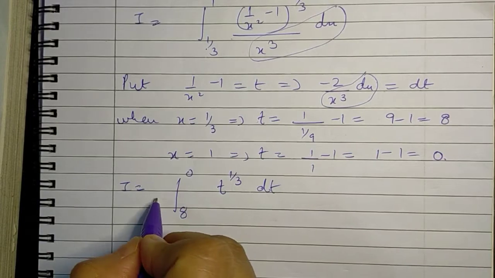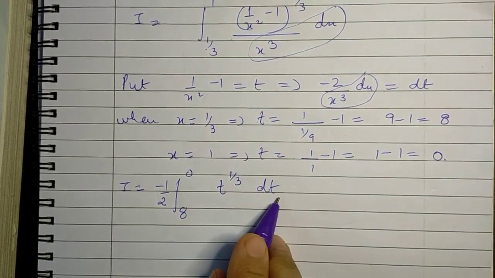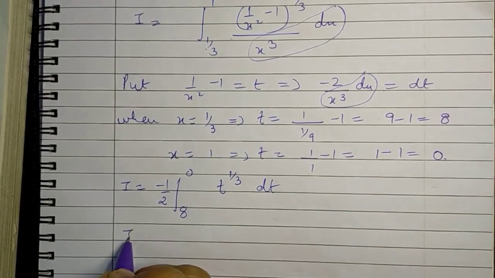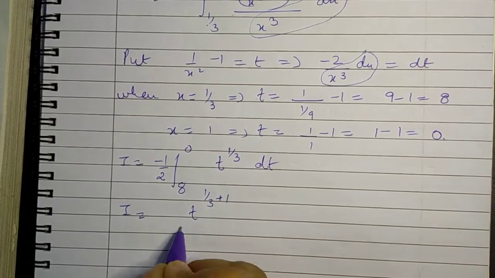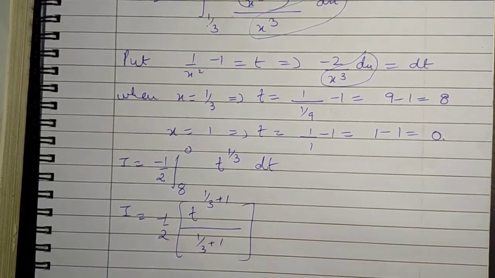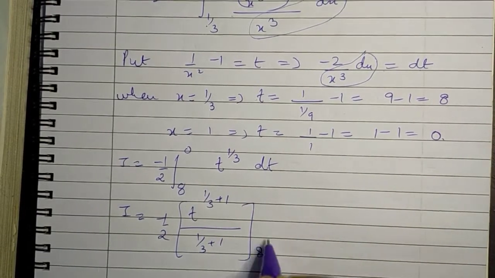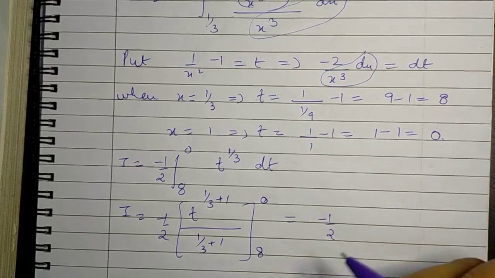So minus 1 upon 2 comes outside. And now, simply evaluating, I is equal to t raised to the power of 1 by 3 plus 1 upon 1 by 3 plus 1, minus half as it is, and the limits are from 8 to 0, and this becomes minus half.